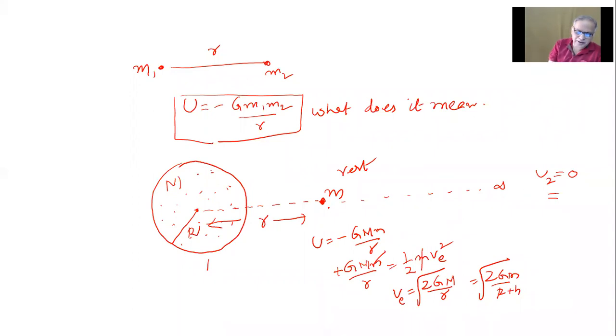Therefore, if I supply that energy by throwing it like that, with a kinetic energy which is just equal to G M m by r, it's going to go away to infinity. And I told you already, this is called escape velocity. So the minus sign indicates that it is bound.